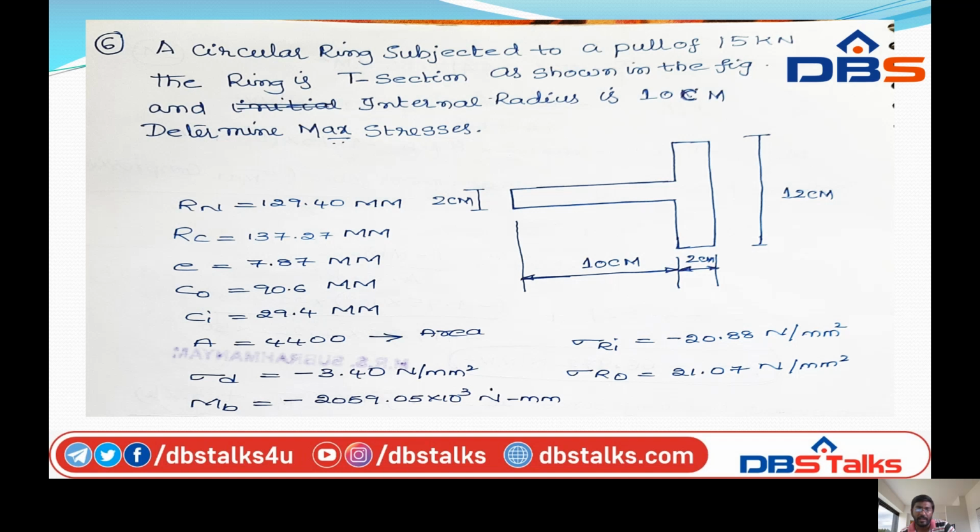So sigma d is F by A, force by area. So MB is force into length. So sigma Ri is equal to sigma d plus sigma Bi. So sigma R naught is sigma d minus sigma B naught. So we can calculate the problem.